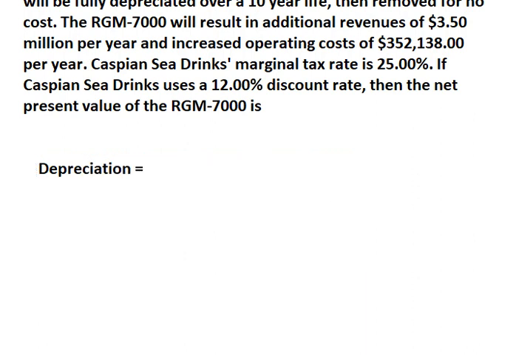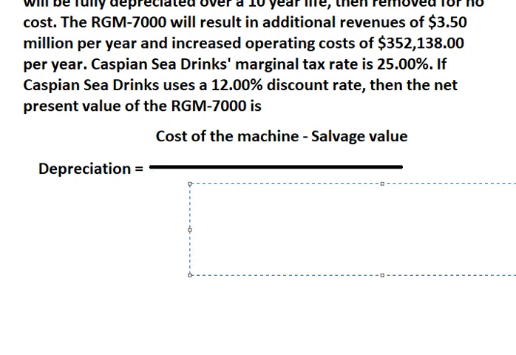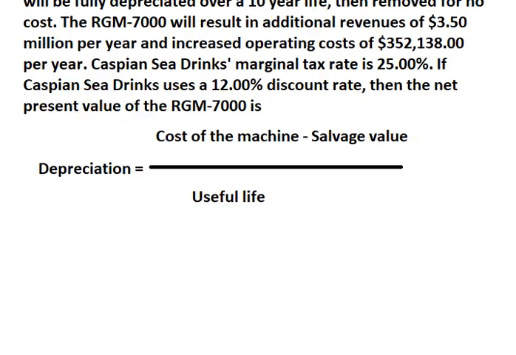That should be the cost of the machine minus the salvage value over the number of years of useful life. So the cost of the machine is about 10 million here.